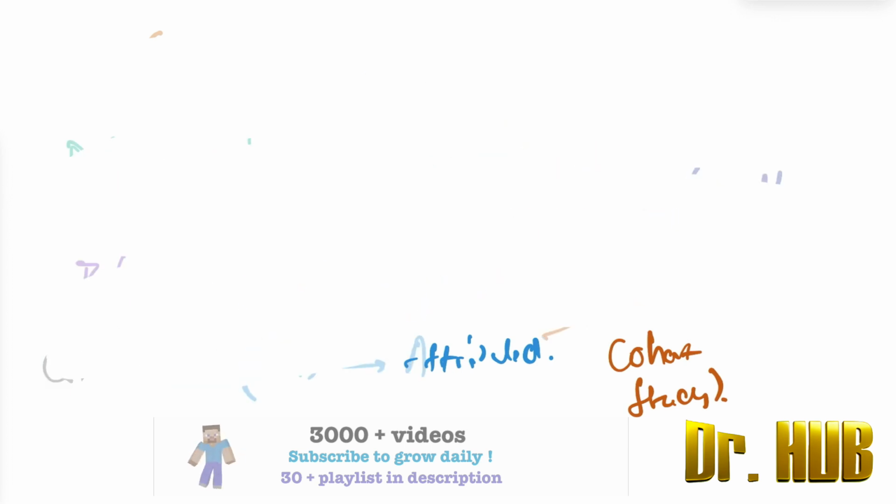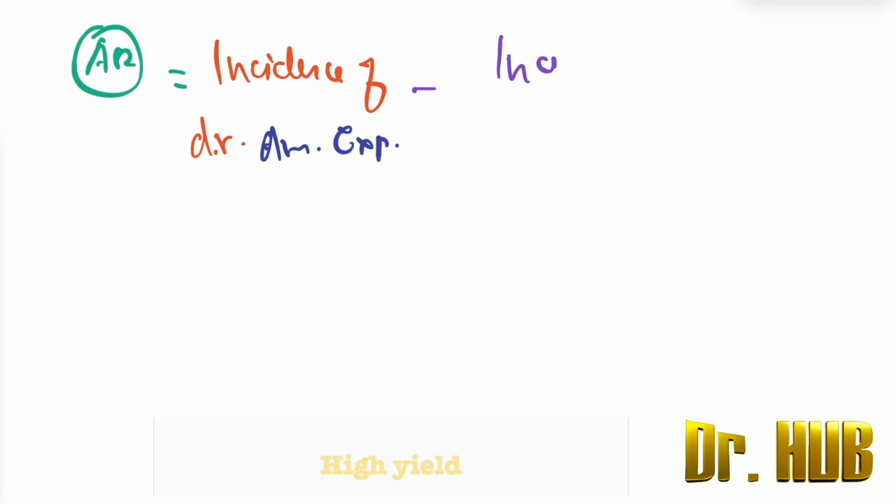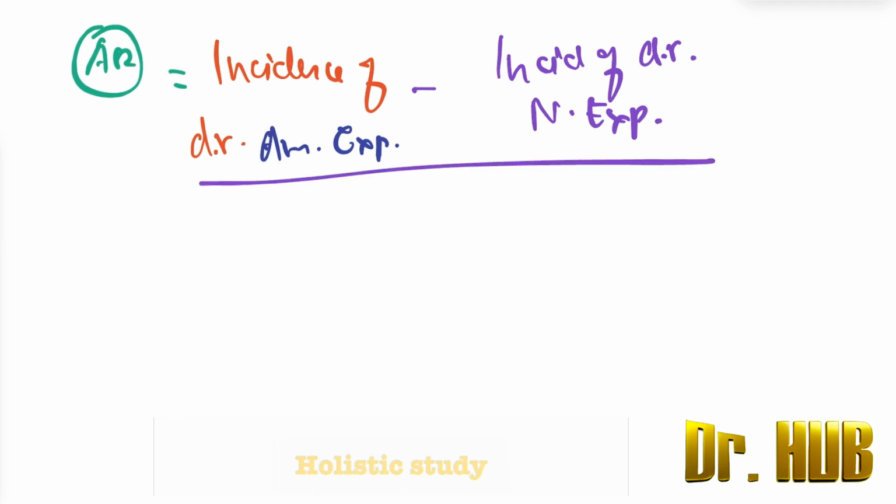So let's look at AR, that is the attributive risk. It is equal to the incidence of the disease rate, which we are writing as DR, among the exposed minus the incidence of the disease rate among the non-exposed, and we divide it by the incidence of the disease rate among the exposed.